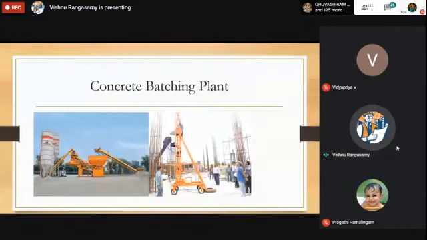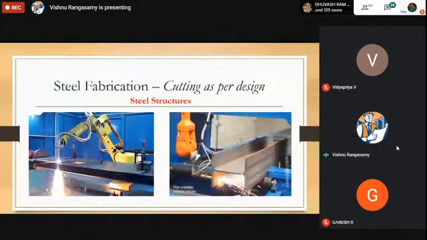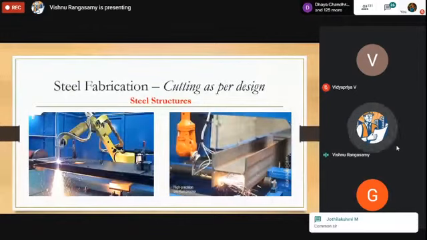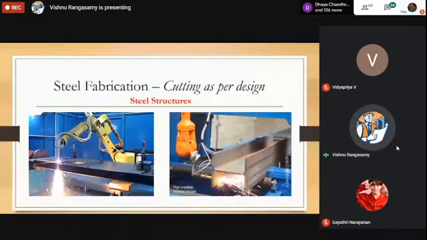Next, steel fabrication. Nowadays, in pre-engineered structures, all the engineering structures are prefabricated in the factory itself. If you are going for pre-engineered buildings, all the girders, purlins and steel structures are made in the factory, transported to the site and erected, and the process is complete.